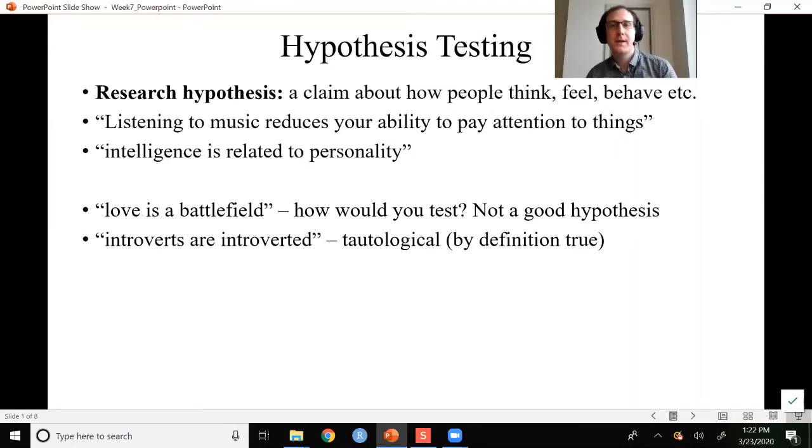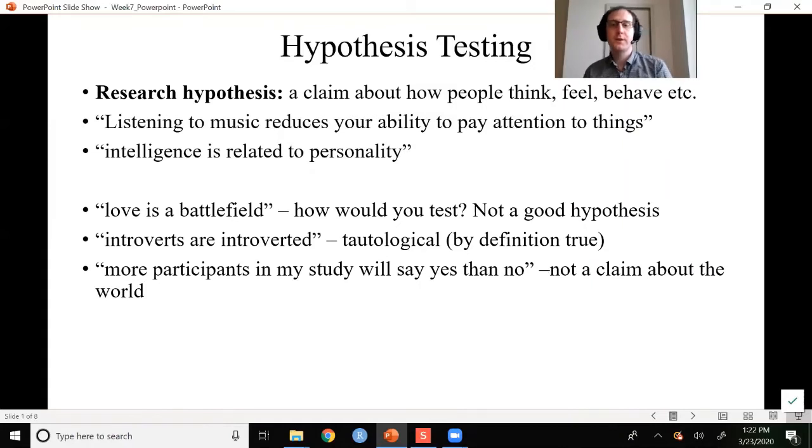You also might have a claim that by definition is true. So if you say that introverts are introverted, you could look, and if someone scores 6 on an introverted scale, they're high in introversion. So that hypothesis would end up being true, but it's always true. So there's no real point to testing that.